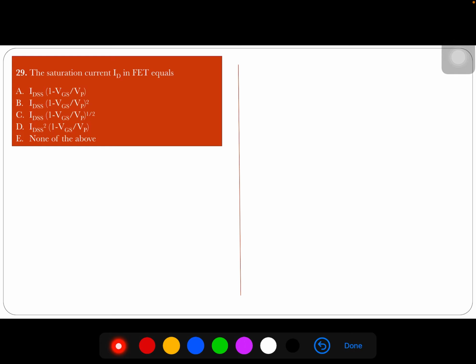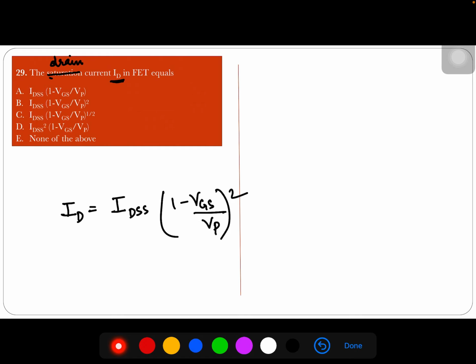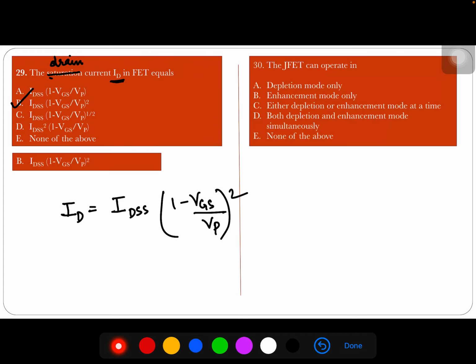It should not be the saturation current. Basically, it should be the drain current, because all the options given in the question are for the drain current. And here also it has been mentioned ID, it is the drain current. So we have to remember this Shockley equation: ID equals IDSS times (1 minus VGS upon VP) whole square, and that is option B. So the correct option is B.